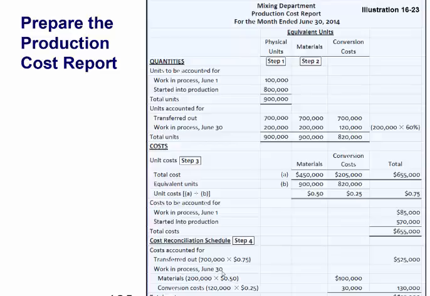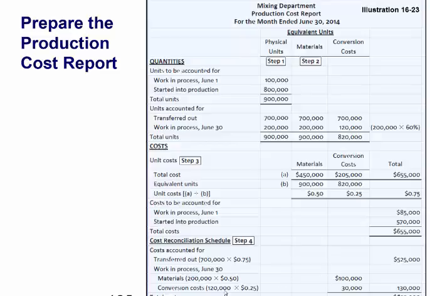Our work in process June 30th, 200,000 units are still here. As to materials, they get 50 cents per unit. 200,000 equivalent units times 50 cents equals $100,000.